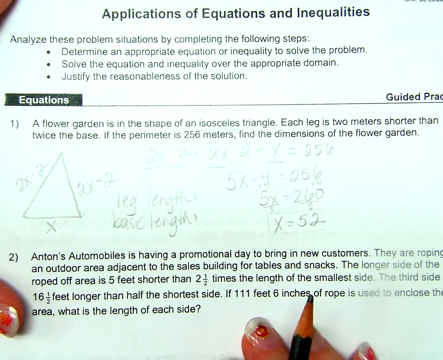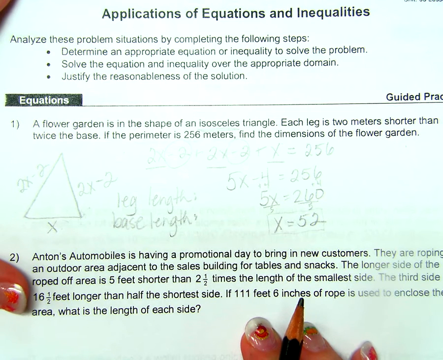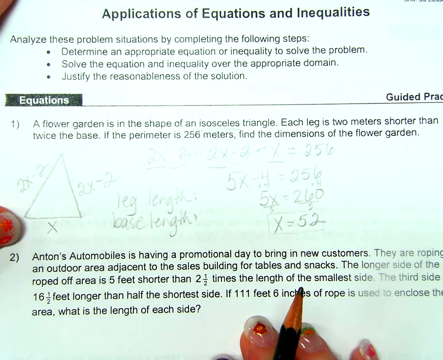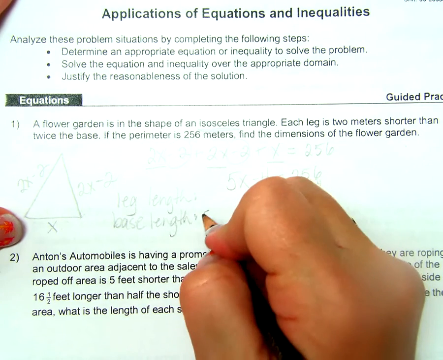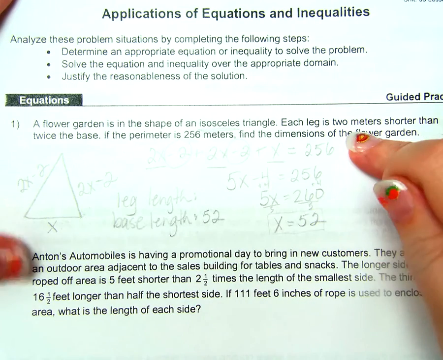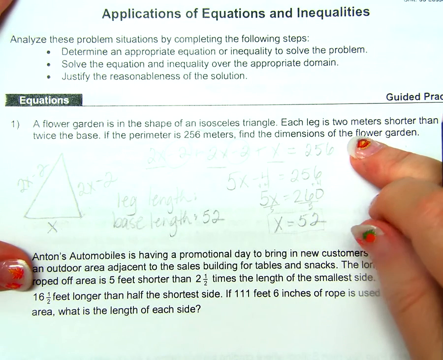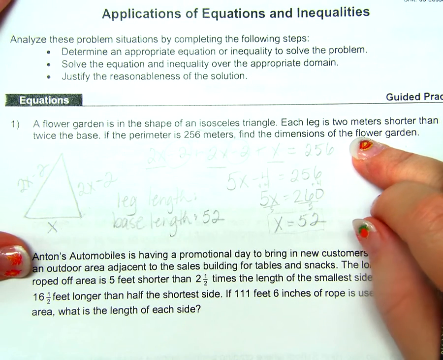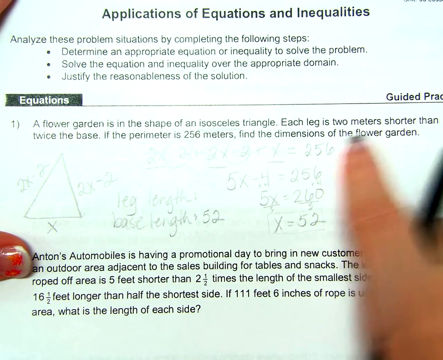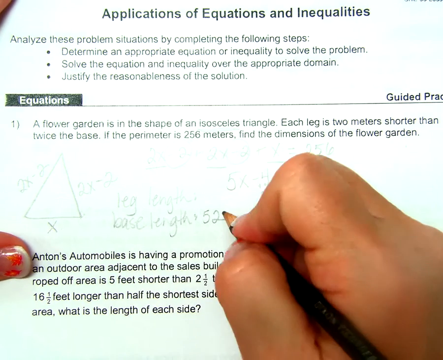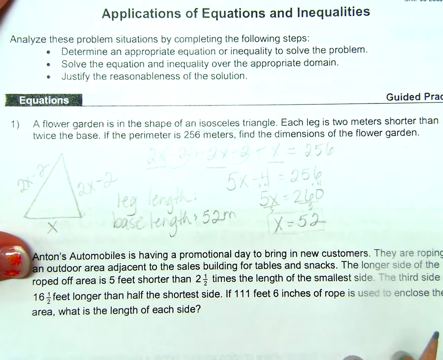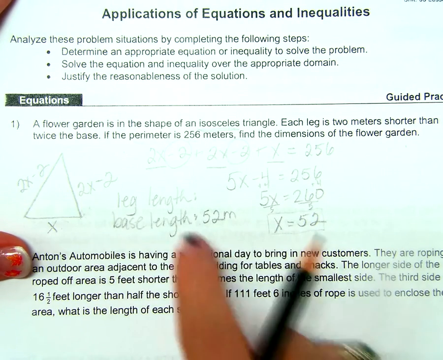I disagree. 52 meters. It can't just be 52. 52 is just a number. When I come back to answer the question, I need to make sure I'm answering it in the context of the question. 52 means nothing. 52 meters tells me how long this base is. Does that make sense to everyone? So how long is the leg?